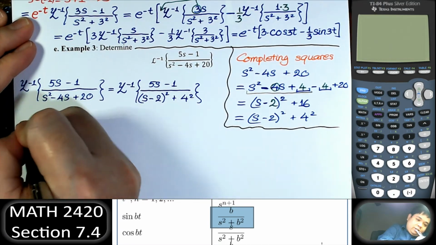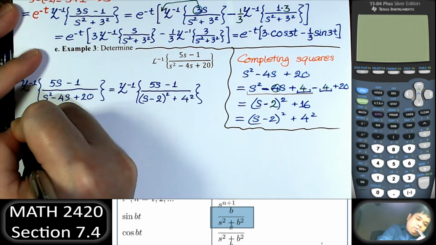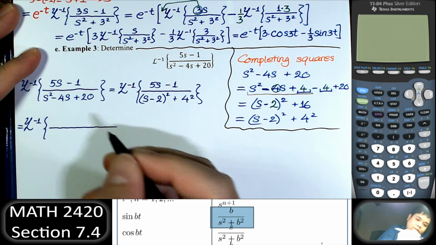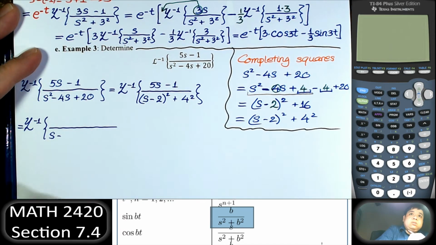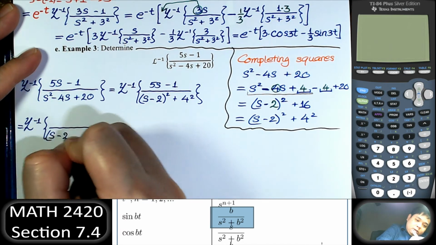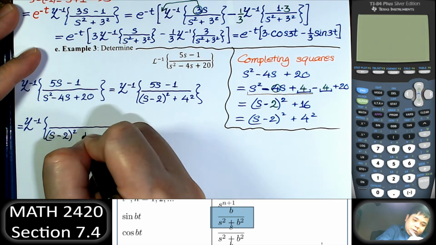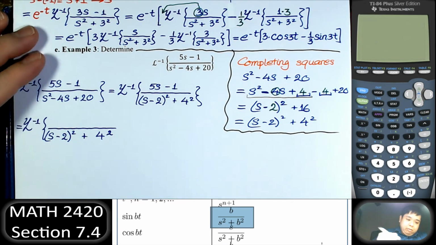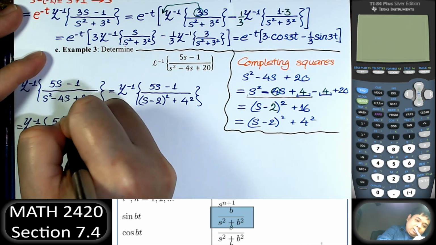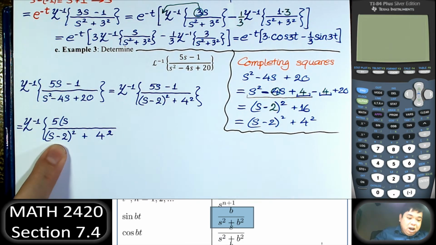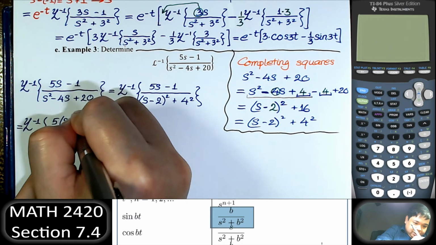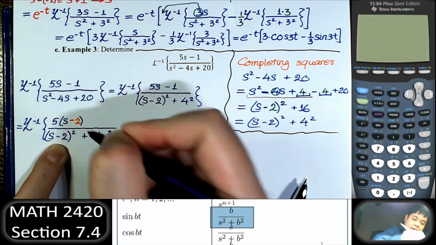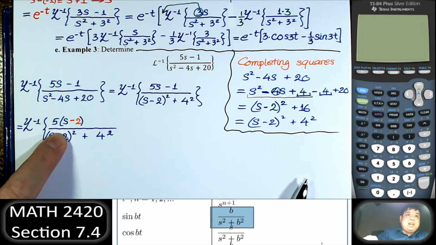So inverse Laplace transform, we have 5s, so we need the minus 2, so that will be the same, and we cannot just subtract 10 like that.